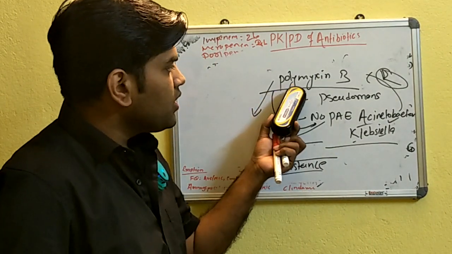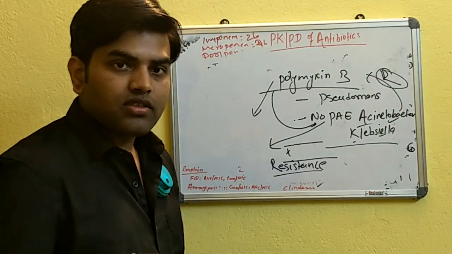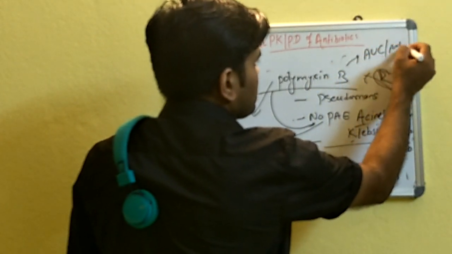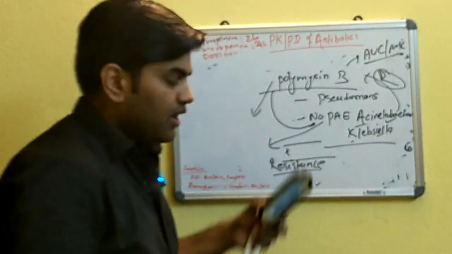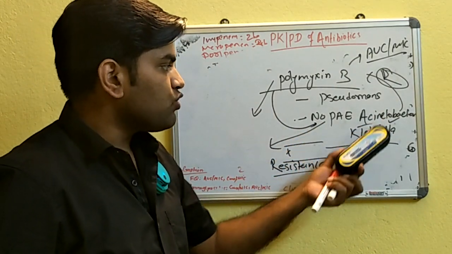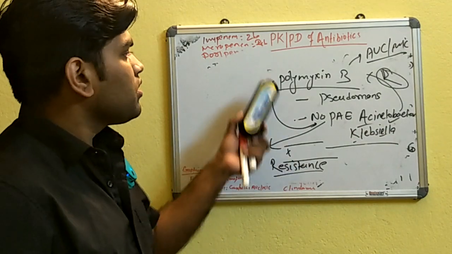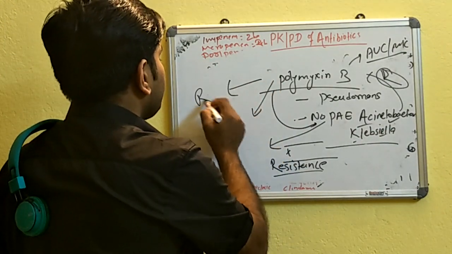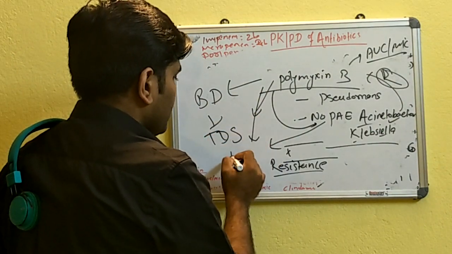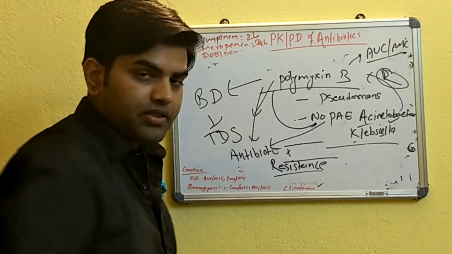So the polymyxin dose is usually given BD, but it can be given TDS since its parameter is AUC over MIC, so it is flexible. And since it has no post-antibiotic effect against Acinetobacter and Klebsiella, the dose can be changed from BD to TDS or it can be used in combination with other antibiotics. That is to be measured.